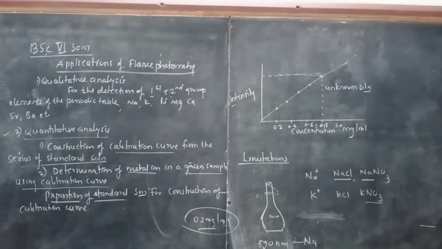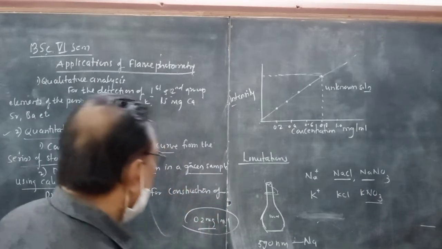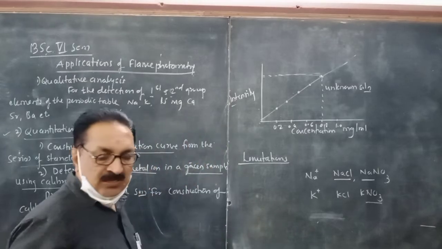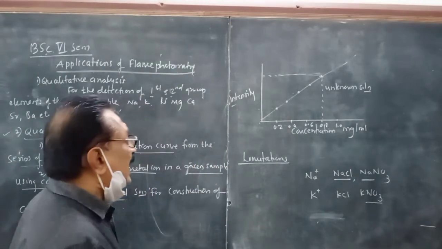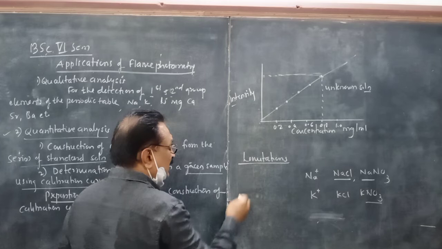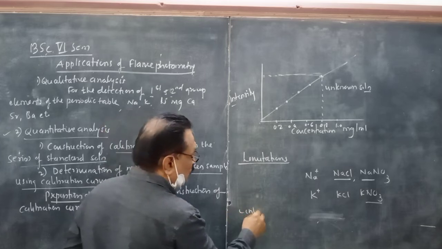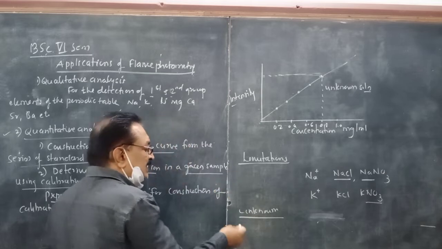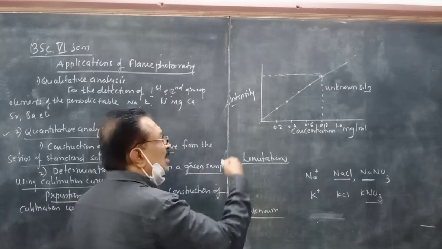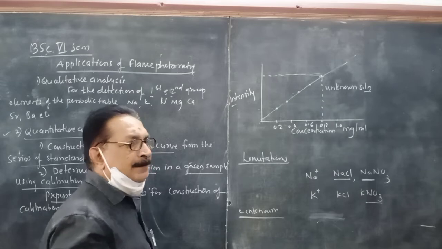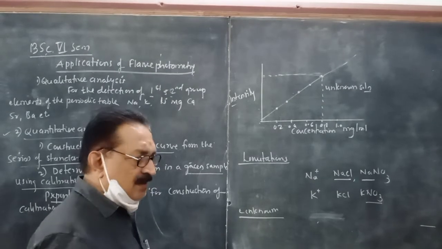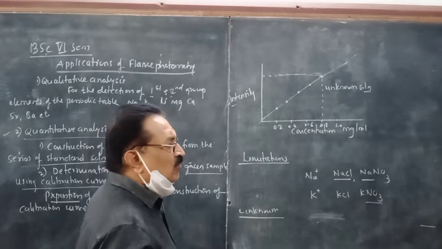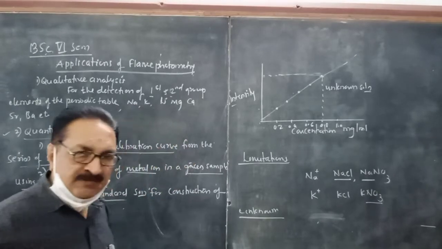Then the unknown solution is taken. Unknown solution means we don't know how many milligrams of the element are present in the given solution. The same process is followed: the solution is sprayed over the flame, the solvent evaporates, and the residue is left, which contains atoms of the elements.